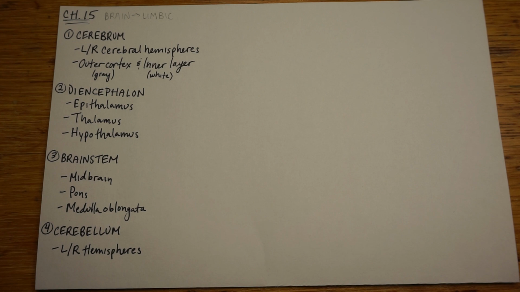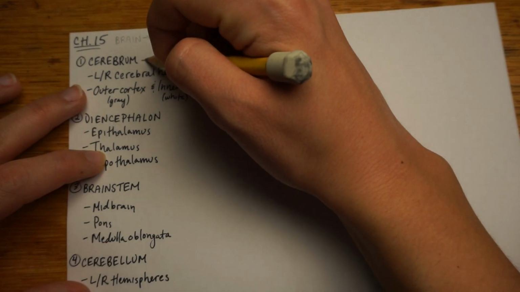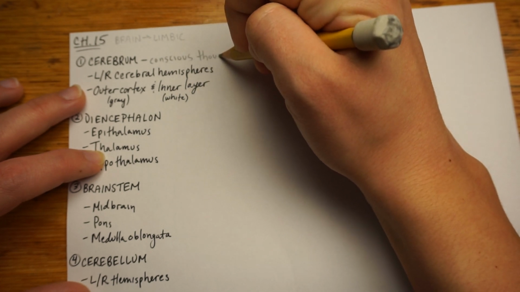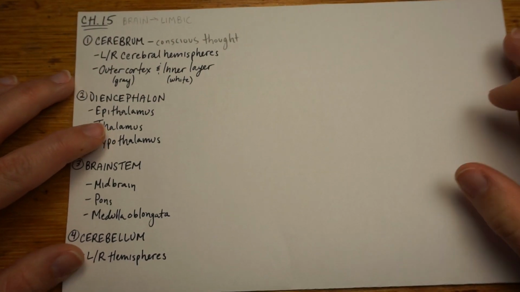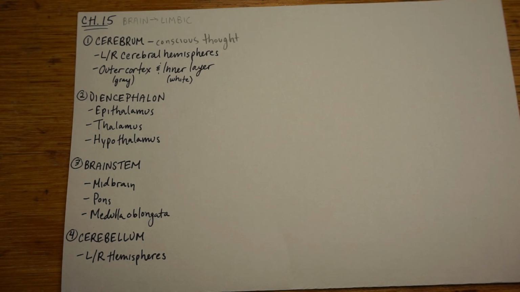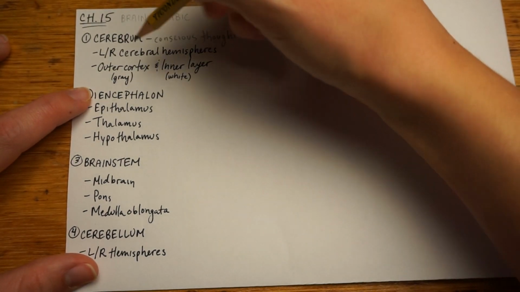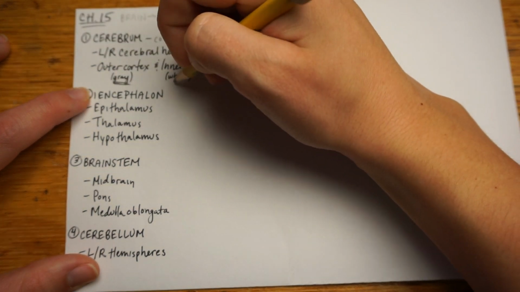This is the place of conscious thought, and it has a ton of neurons here in this cerebrum. So let's add that this is the place of conscious thought. It has an outer cortex and an inner layer. The outer cortex I wrote here is gray and the inner is white.